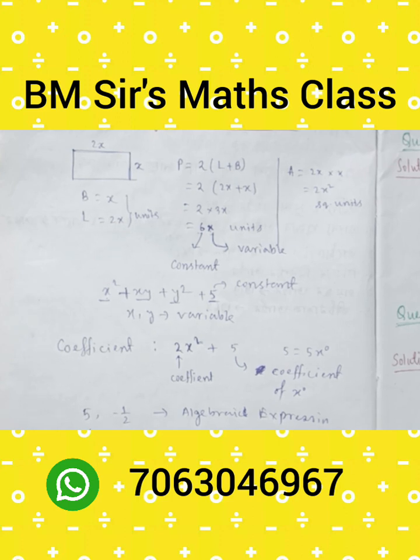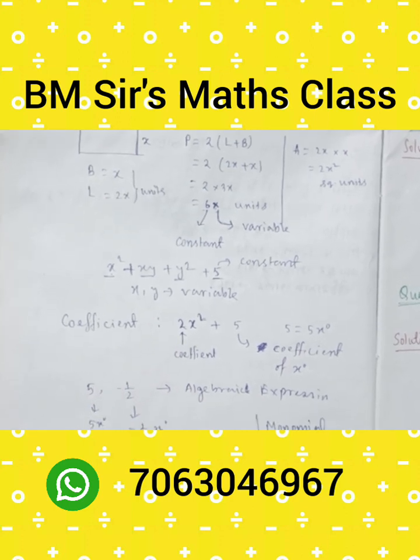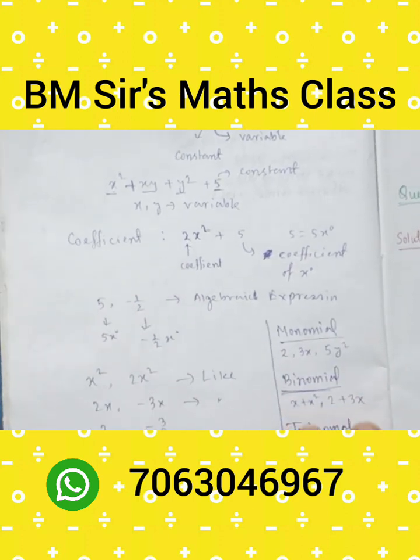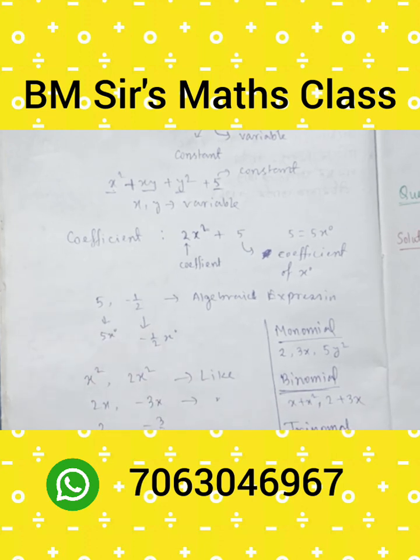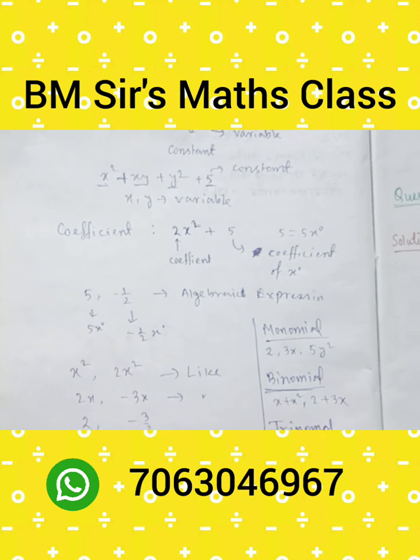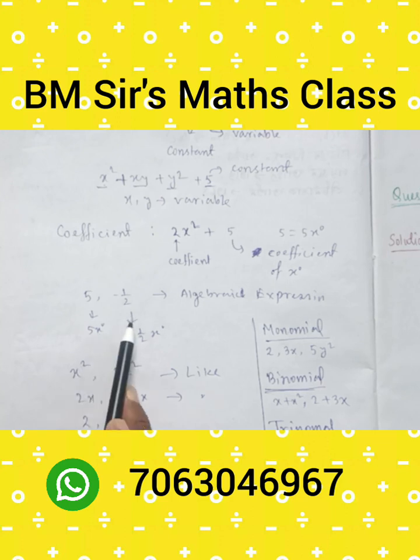For example, this 5 and minus half, these are algebraic expressions. Why? Because this 5 can be written as 5 into x to the power 0. Here the variable x and constant 5, and it is expressed as the multiplication of x to the power 0 and 5. Similarly this.